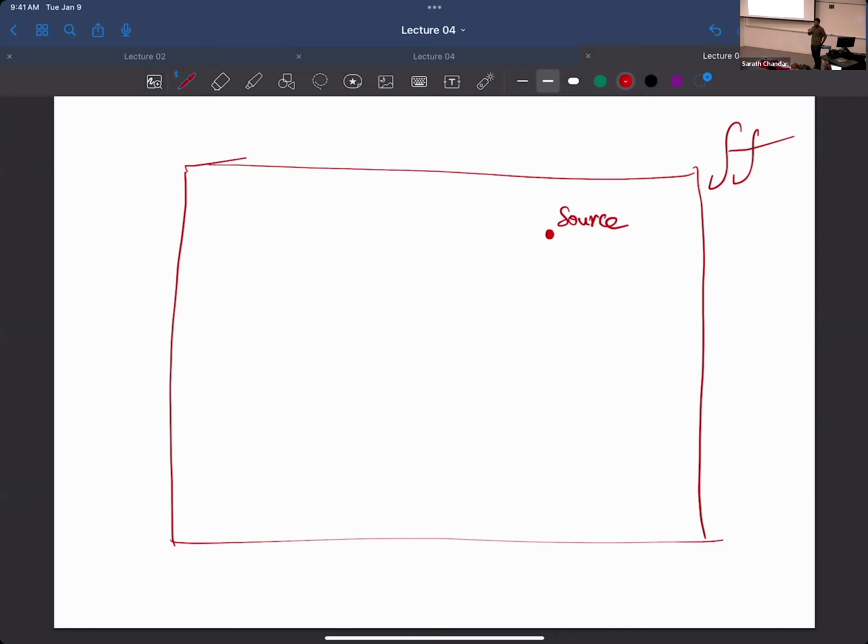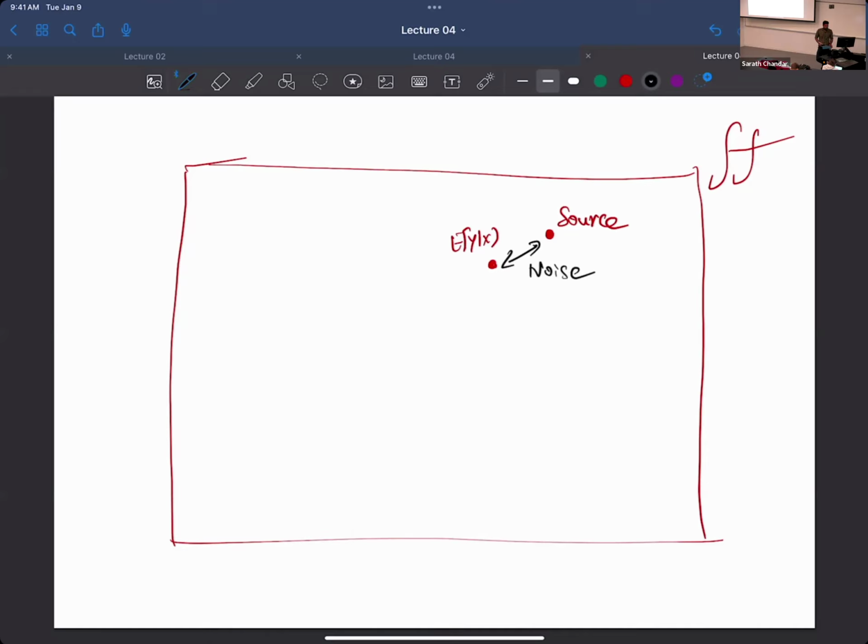So x and y come from a particular source. Now, because of the inherent noise in the process, the best that you could do is just E of y given x. And this gap that you see here, this is the noise.